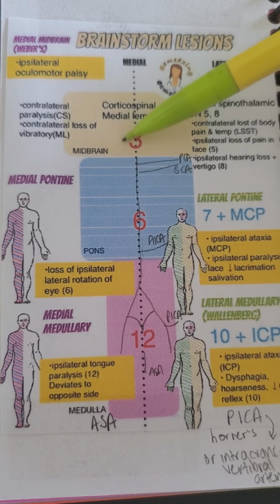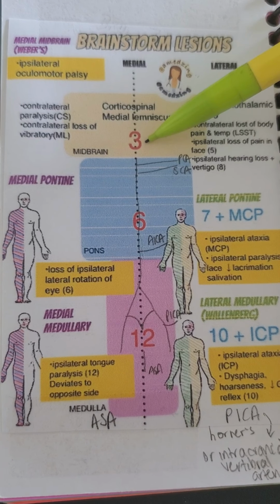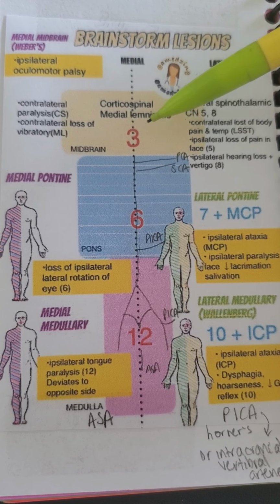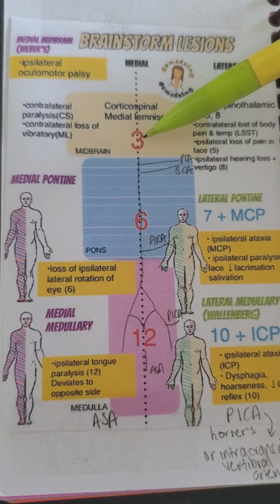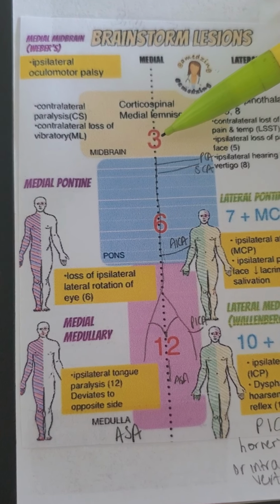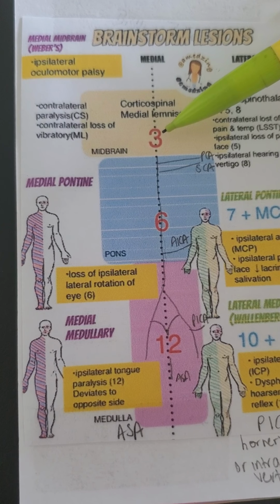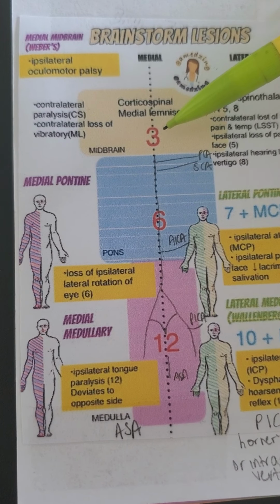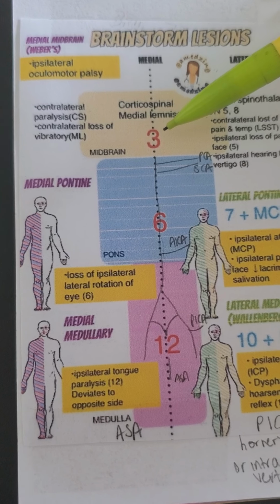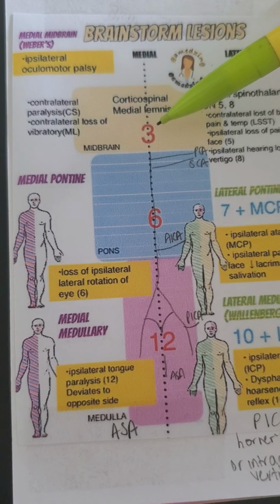So if we have a cranial 3 lesion, we're going to have an ipsilateral eye which looks laterally, or what they like to call down and out. So it's going to look laterally because of loss of the medial rectus, and it's going to look down because of the loss of the superior rectus, which is responsible for rotating the eye up.